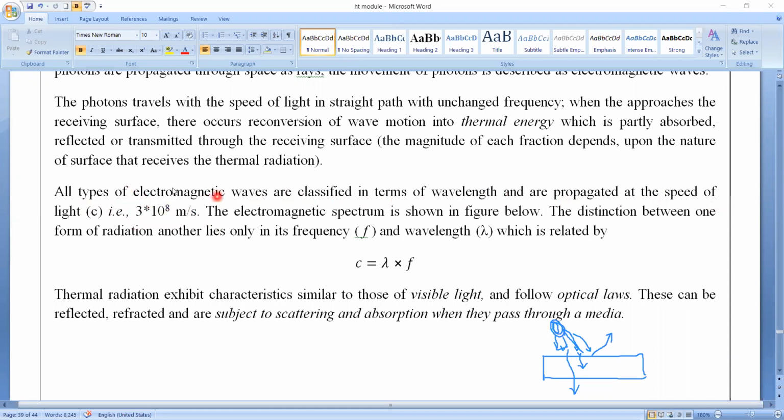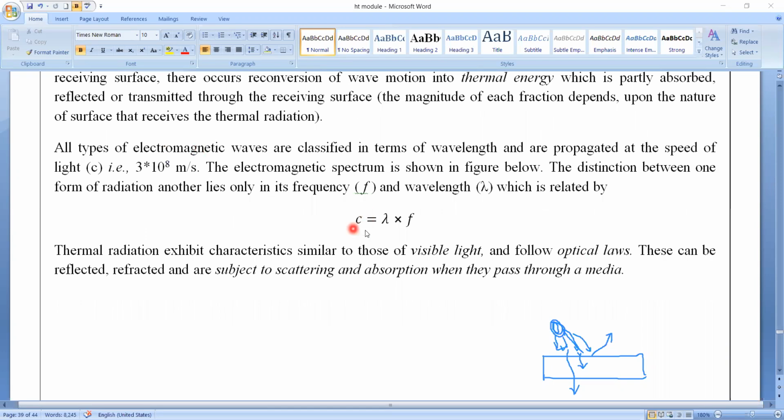Now, in the electromagnetic spectrum, which is shown in the figure below, the distinction between one form of radiation and another lies only in its frequency f and wavelength lambda, which are related by: if c is the speed of thermal radiation or waves, lambda is the wavelength, and f is the frequency, then c equals lambda into f.